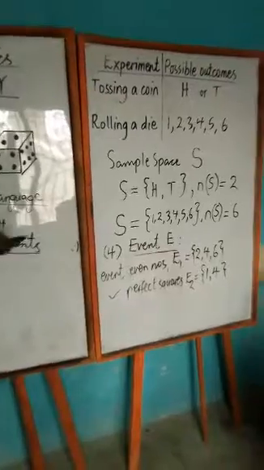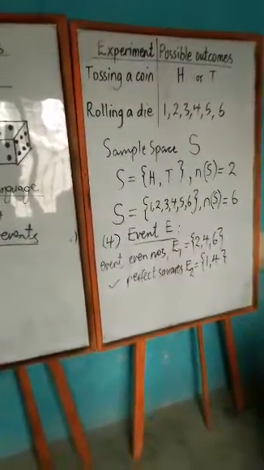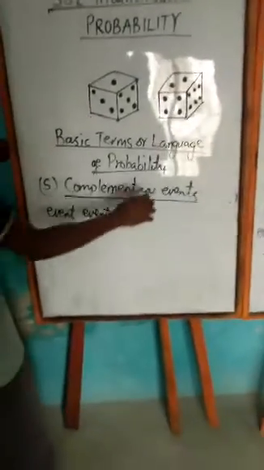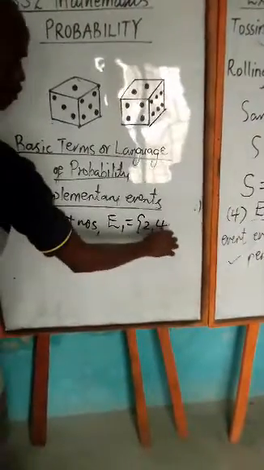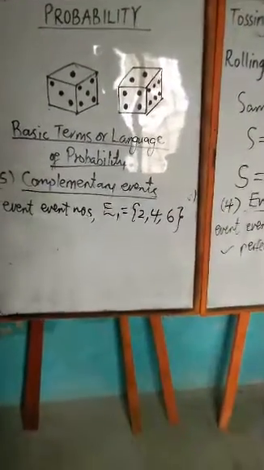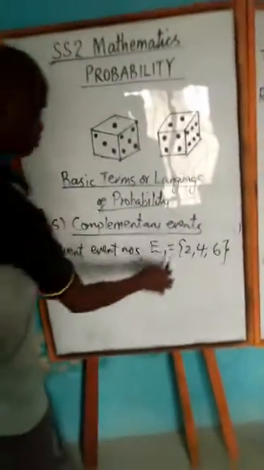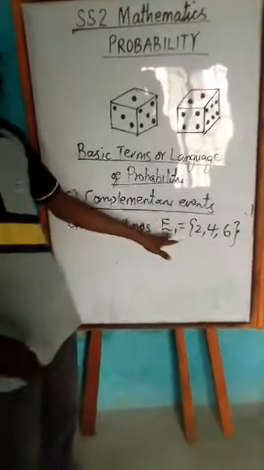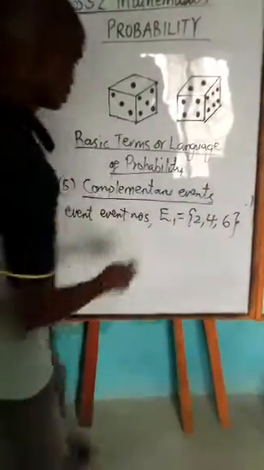Okay? So for example, the example we see on the board, the event, even numbers. We have E1: 2, 4, 6. Okay? So the complementary event to this will be those elements that are not in E1 but in the sample space.